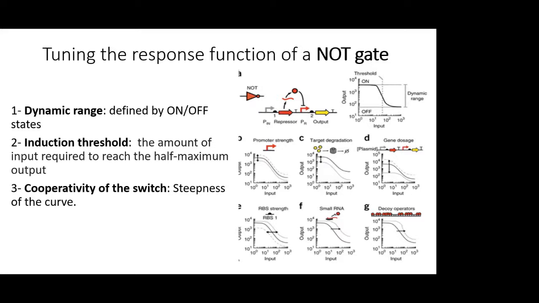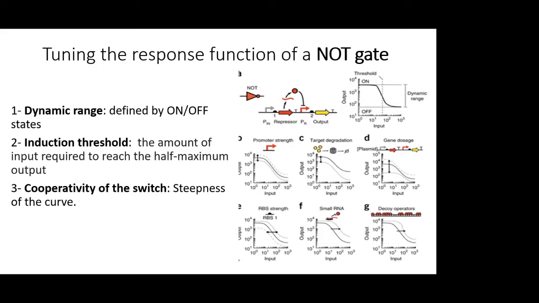Either way, to describe this NOT gate behavior, you have a function called the response function. This response function simply models the output as a function of the input. It gives you the output of the circuit, on or off, as a function of the input.